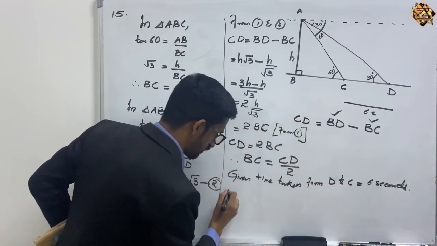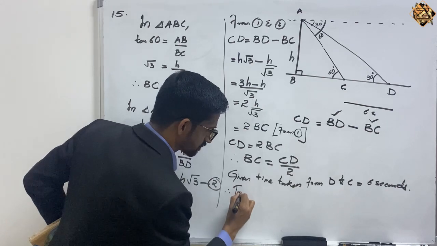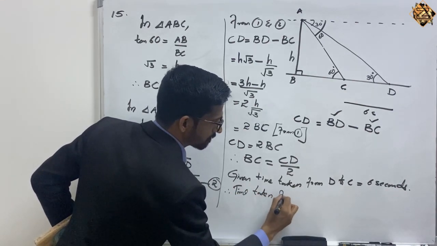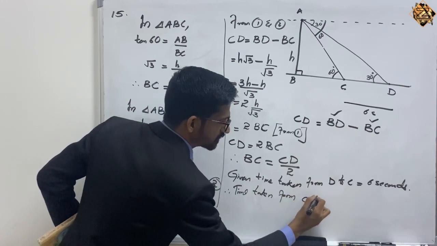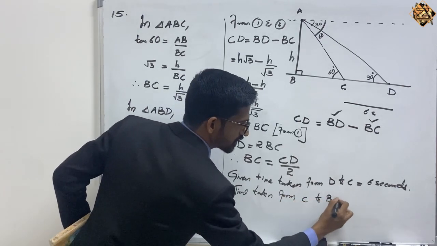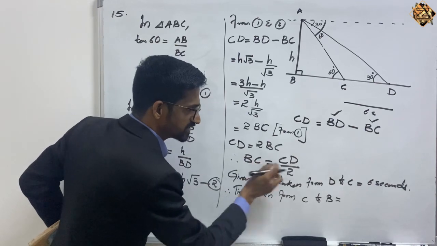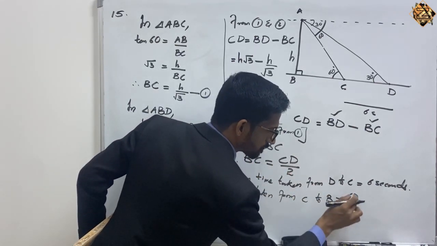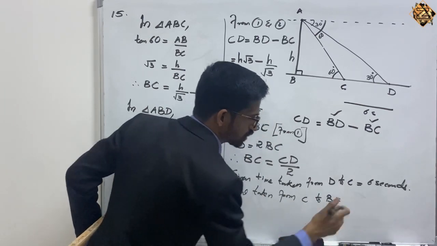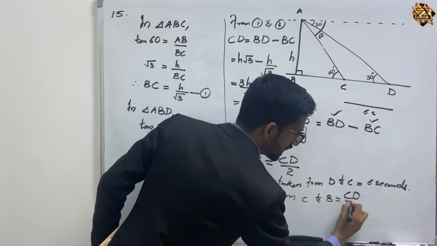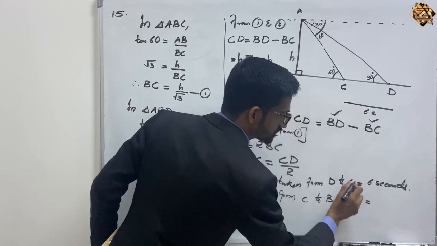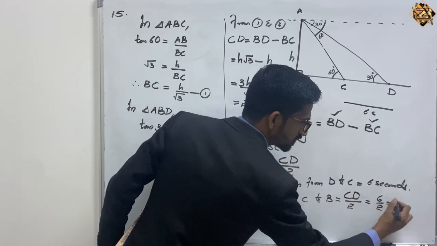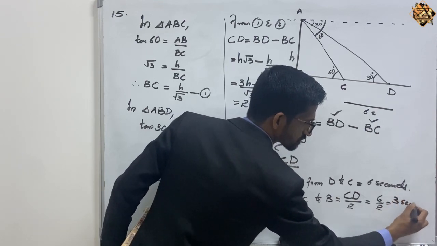Therefore the time taken from C to B equals CD by 2. CD is 6 seconds, so that is 6 by 2, which is equal to 3 seconds.